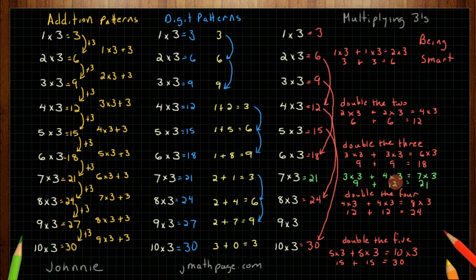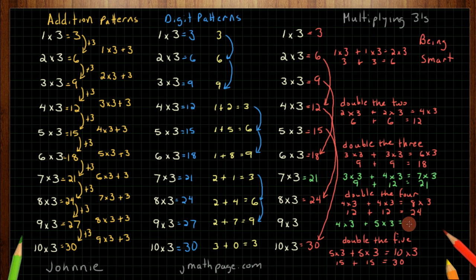That was trickier. But can we use the same rule for the 9s? Do you remember how I broke up the 7 into parts? Into 3 and 4? Well, we can do the same with 9, can't we? This time let's use 4 and 5. So we can say 9 times 3 is the same as 4 times 3 plus 5 times 3.